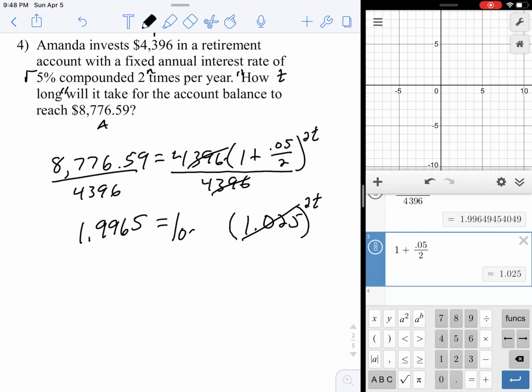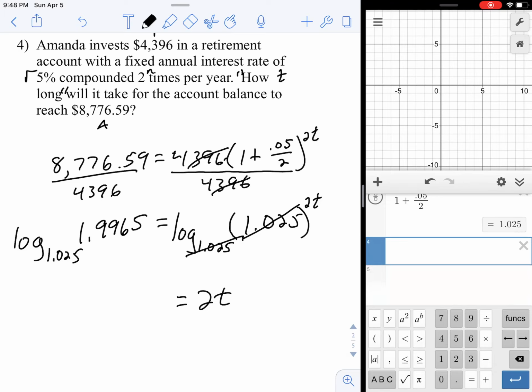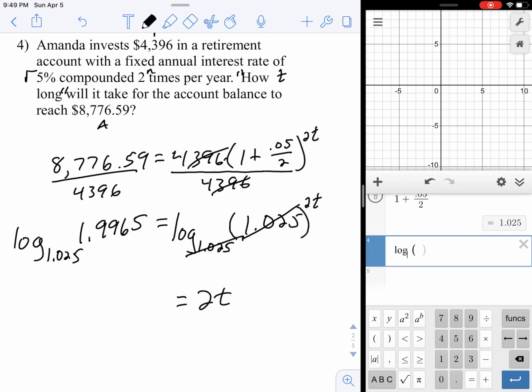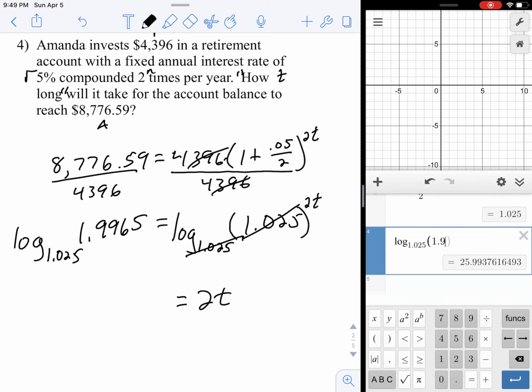You cancel out a base with a logarithm. The logarithm's base has to match the base you're canceling. And then you have to do that to the other side of the equal sign. So that cancels out. I get 2t over here. So function, miscellaneous, use the log a button. The base is 1.025, and this number is 1.9965.